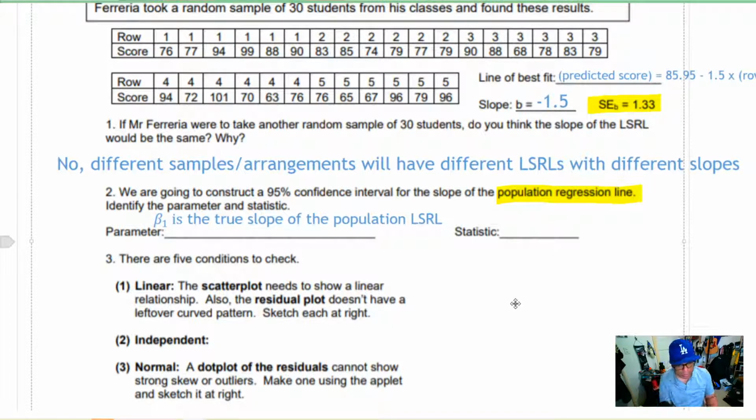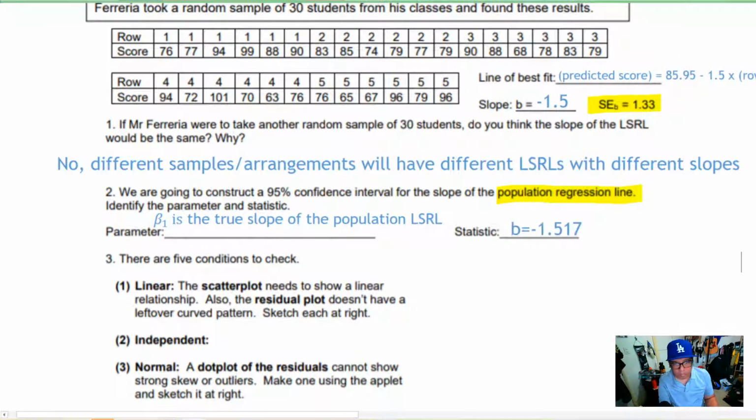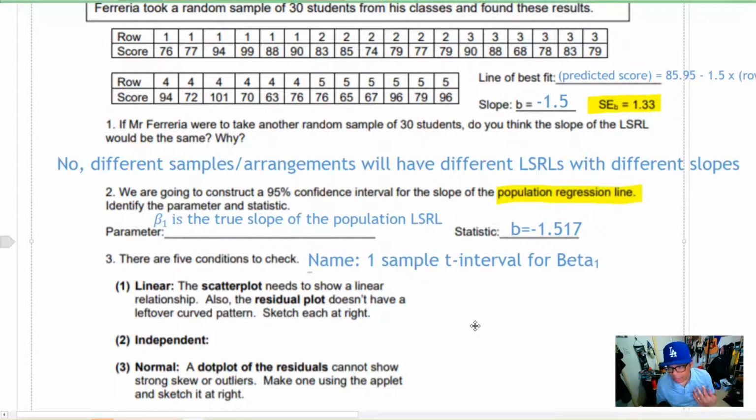Now, the statistic would just be the approximation of beta 1. So our statistic is B, and it's negative 1.517, which is the full unrounded number that we found from here. So that is our value of B. Now, there are 5 conditions to check, and maybe we should start off with the name of this test.